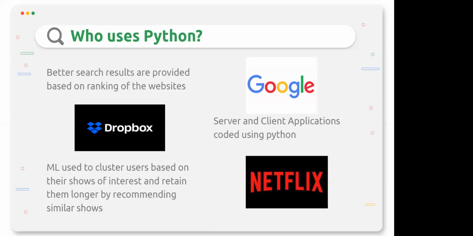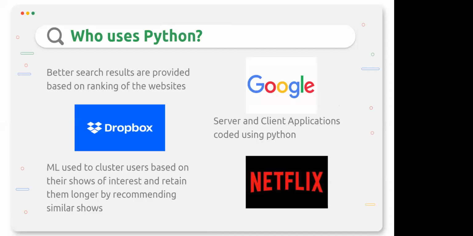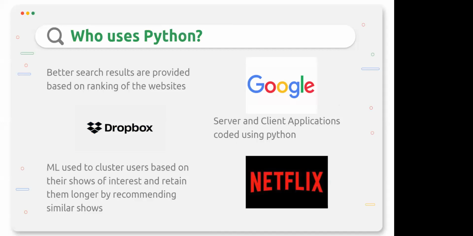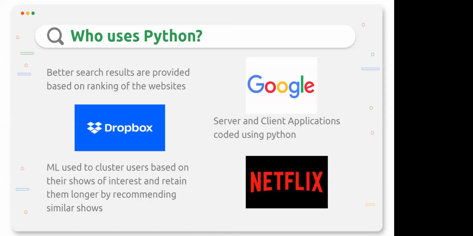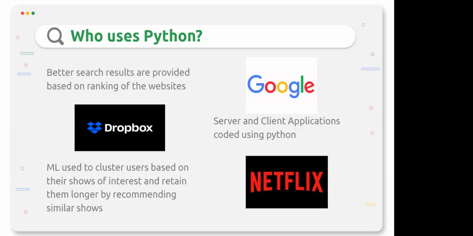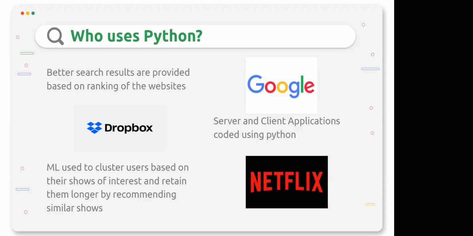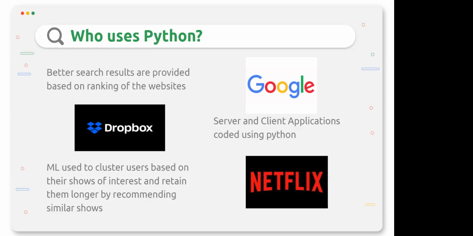Finally, I'm going to give you some other companies that use Python and how they use it. As I said before, Google uses Python to provide better search results based on the ranking of the websites it has.